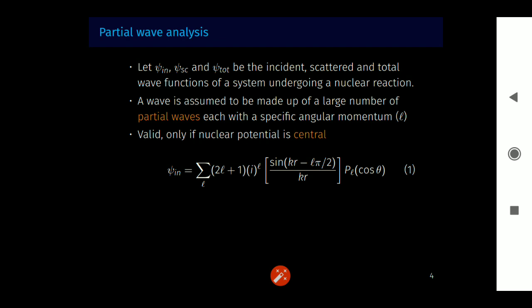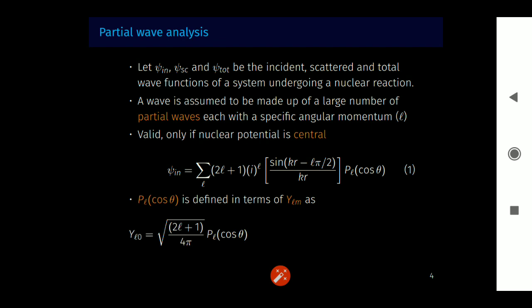P_L cos theta in this equation is a Legendre polynomial. Sine of (kr minus L pi by 2) divided by kr is the representation of the wave which is propagating along with the incident wave. P_L cos theta can be expressed in terms of spherical harmonics Y_LM, the angular wave function.